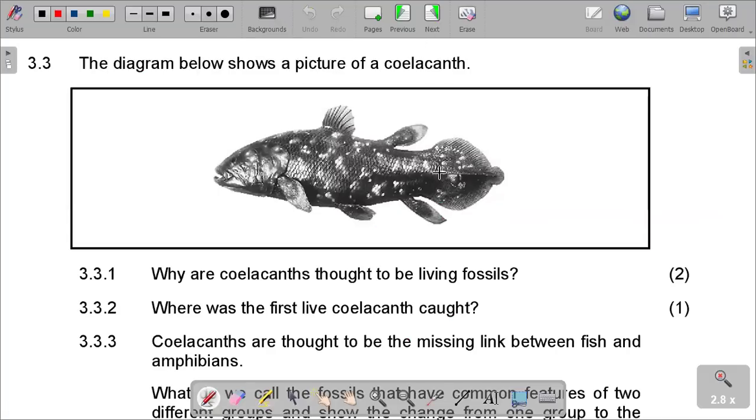And then question 3.3, the diagram shows a picture of a coelacanth. Question 3.3.1. Why are they thought to be living fossils? The reason is because they were thought to be extinct, yet have existed unchanged for millions of years.